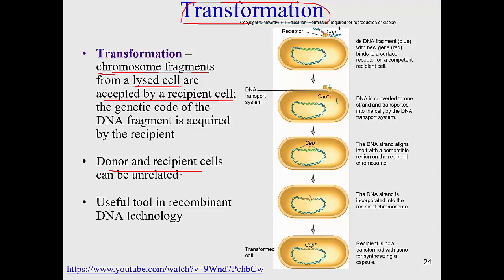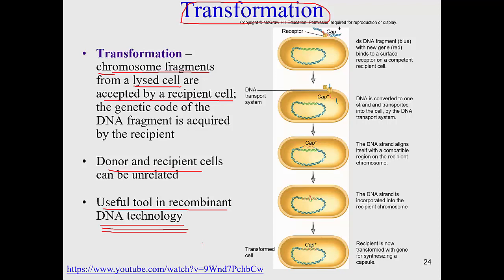So the donor and the recipient don't have to be related. They just pick up any random DNA. Because they can do this, transformation has become a very, very important procedure in DNA technology. Anytime we want to send some strange DNA into a cell, we try this method because this is the easiest and the fastest method of getting bacteria transformed with the foreign gene.